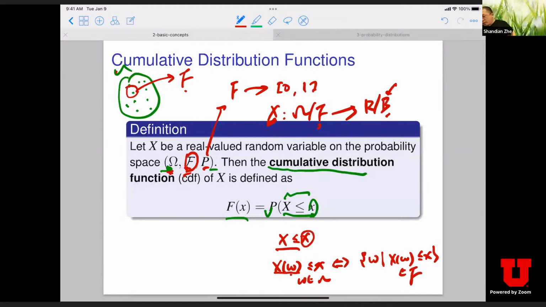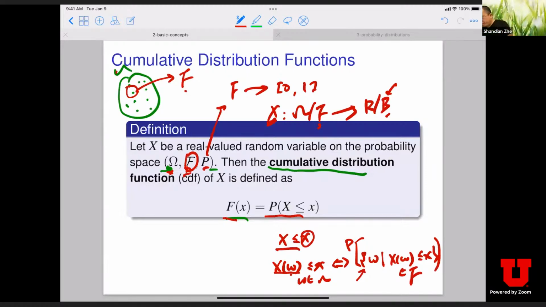So we are particularly interested in the probability measure over this event. Of course, for convenience, you don't want to explicitly write out this event, this set. So usually in this definition, we just write the probability of big X less than or equal to small x. But you should understand the underlying meaning of that.